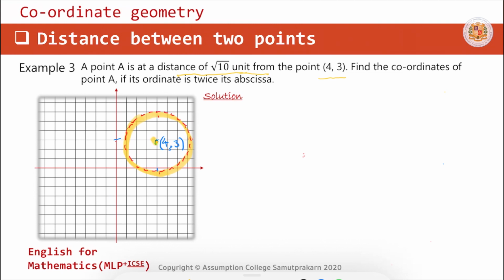So it could be anywhere, point A, but there is some more condition here. If its ordinate, meaning the y value, is twice its abscissa, which is the x value. Okay, that's x, that's y.